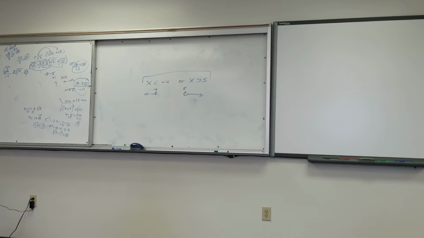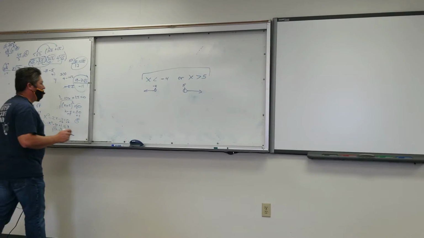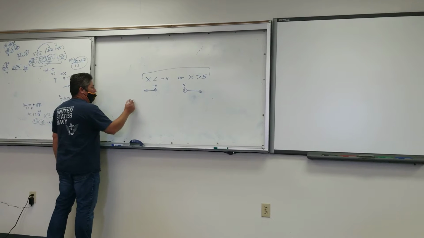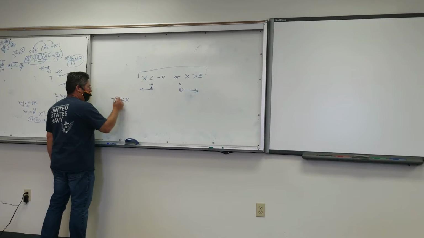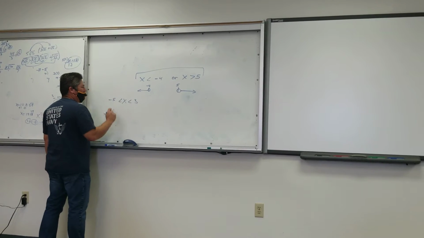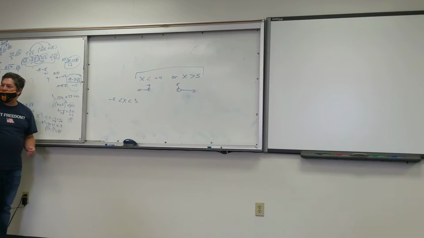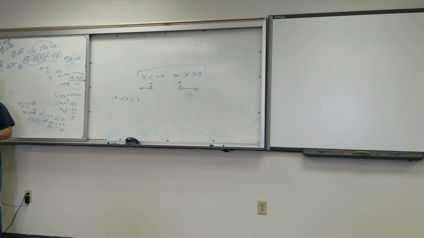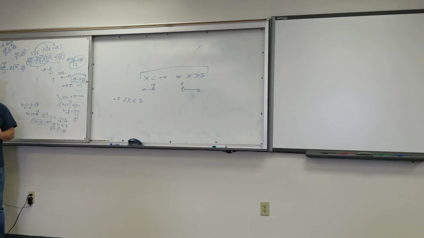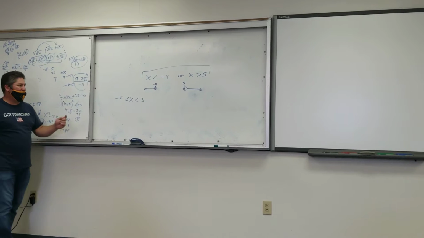All right. Okay. Now, the other thing that could happen is this. Watch. If I have x, how do I read this? This is important. Matilda, how do I read this?